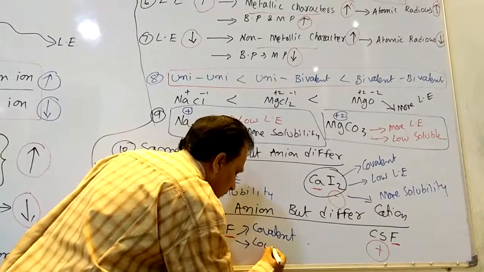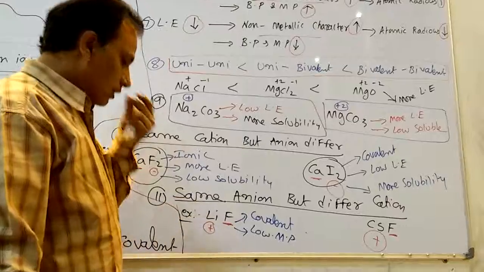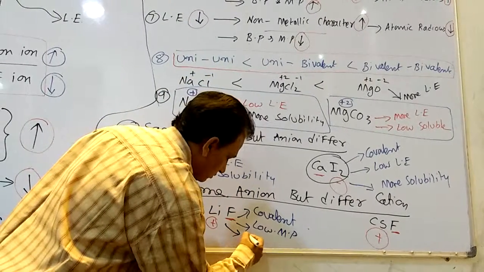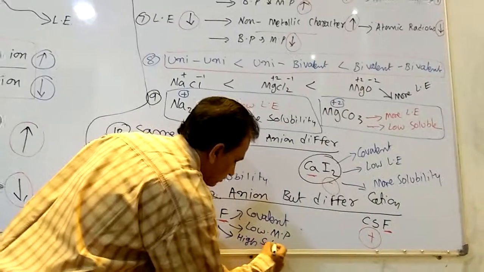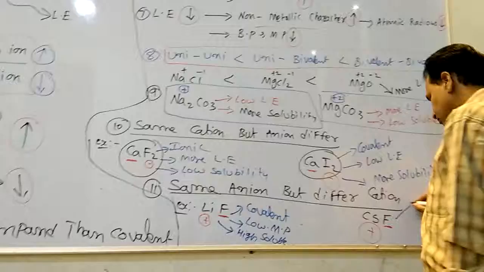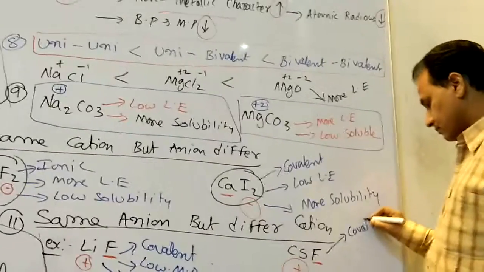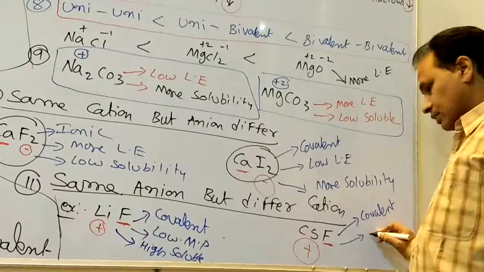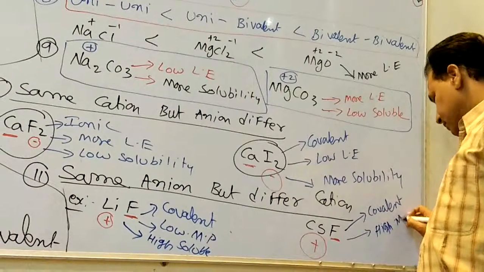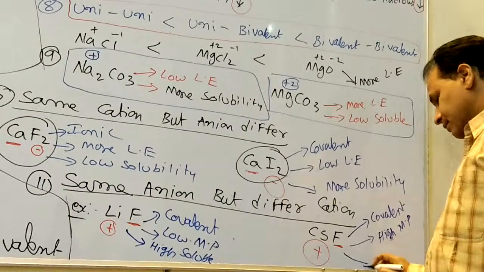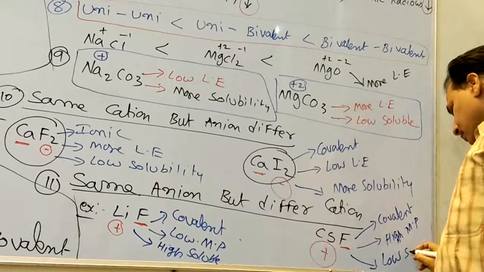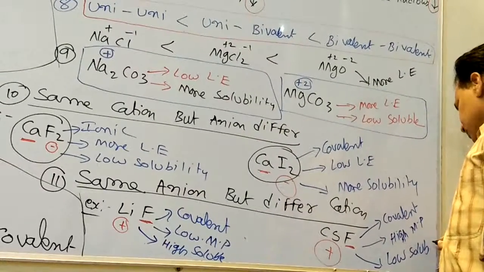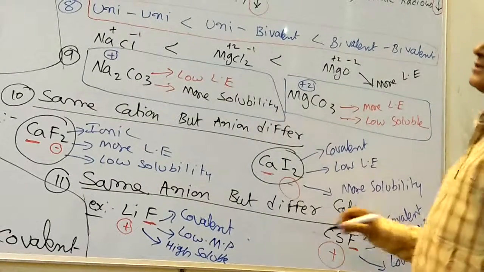Covalent means low melting point and high solubility. CsF has a big cation, so high melting point, and high melting point means low solubility. Okay, this is the lattice energy.